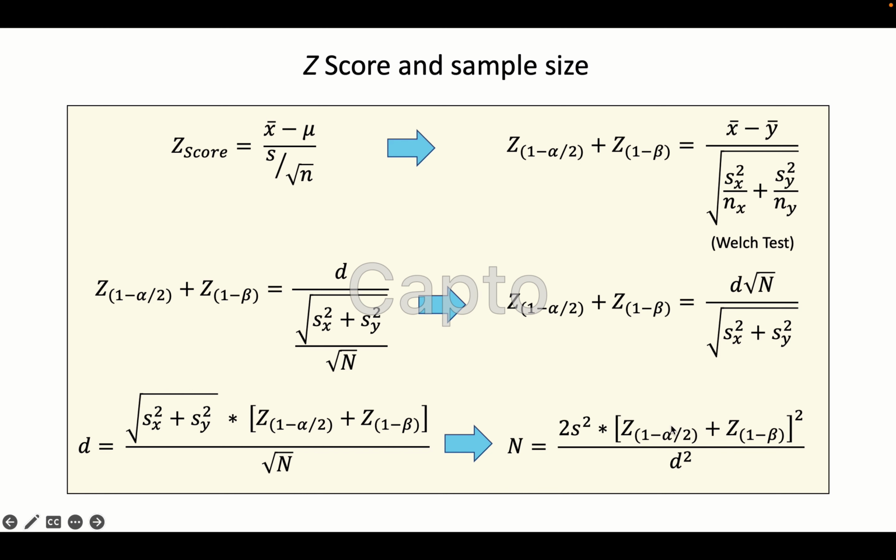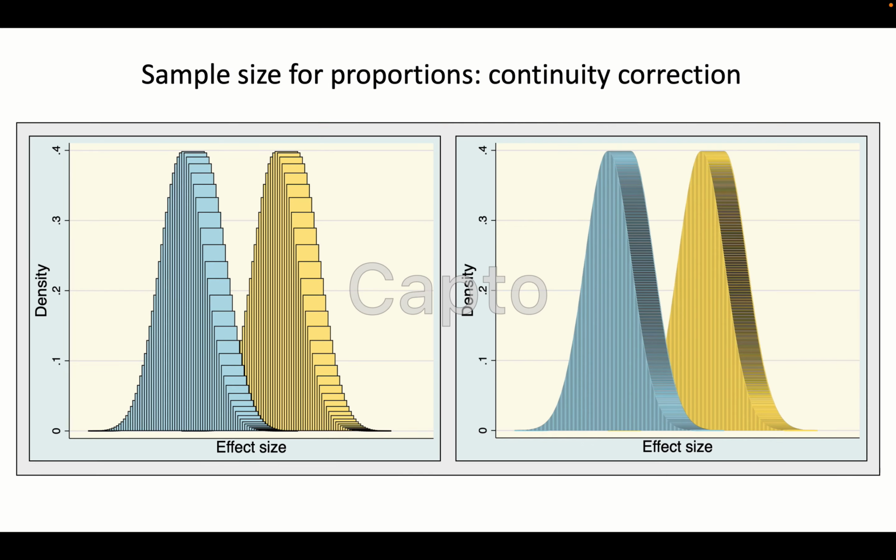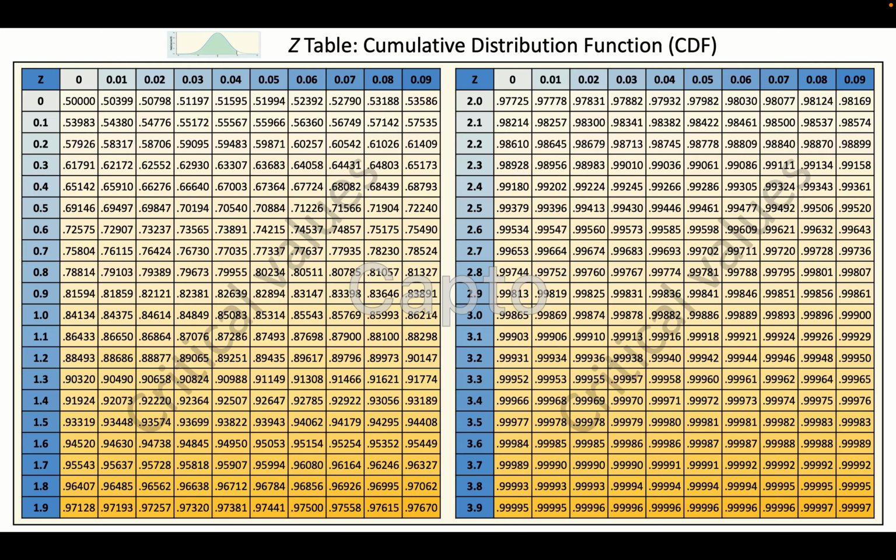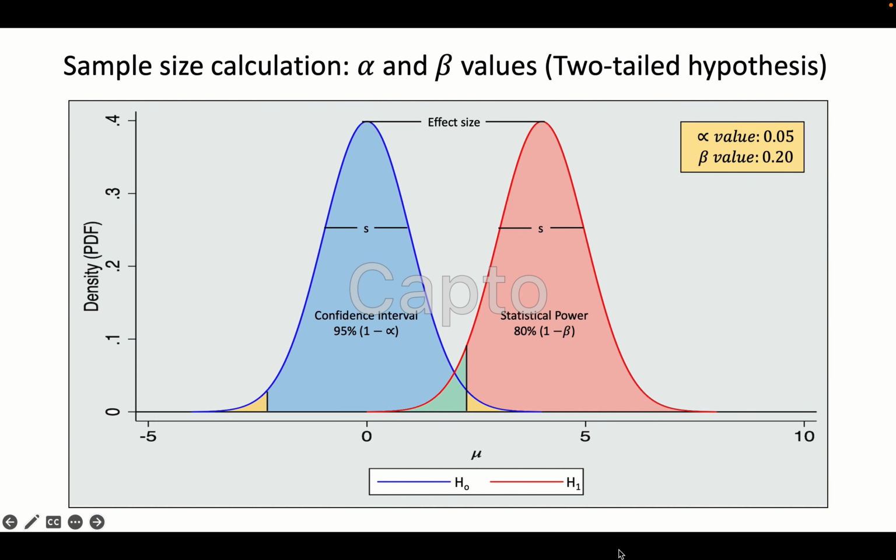So all I'm saying here is that I'm testing a two-tailed hypothesis, and I care not only about this tail of the hypothesis, which is given here in this yellow area, but also this area is important for the sample size calculation, right?